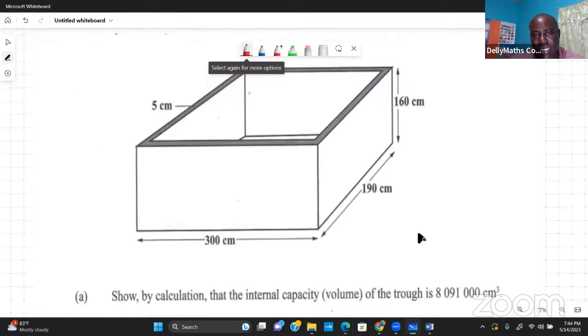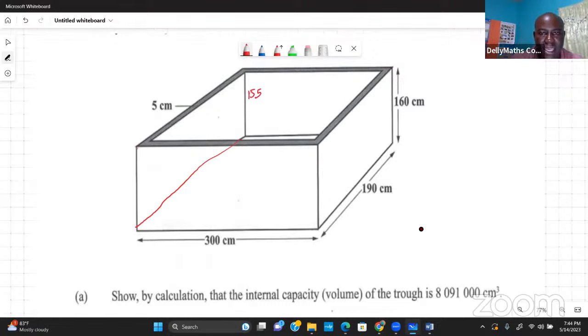Now, let's take a look at it. Inside. Allow me to mess around with the diagram. Dealing with the inside, this is 155. This is 180. Inside now, ignore these.